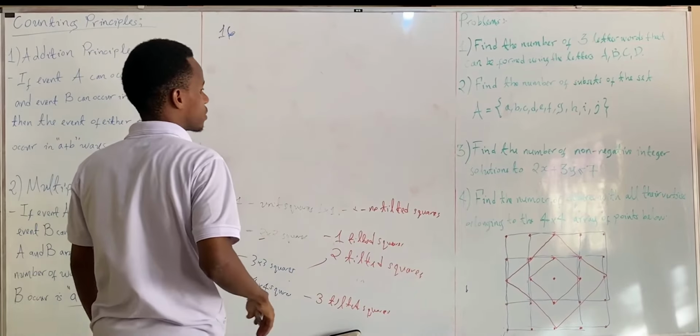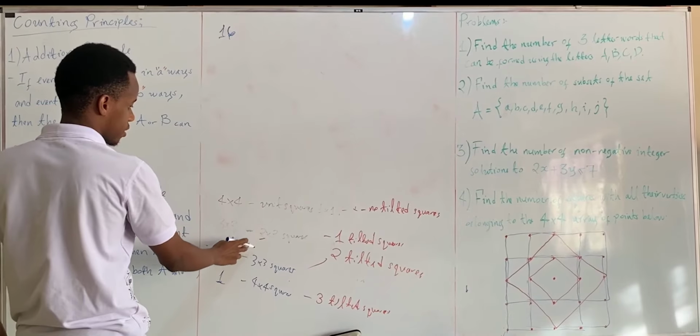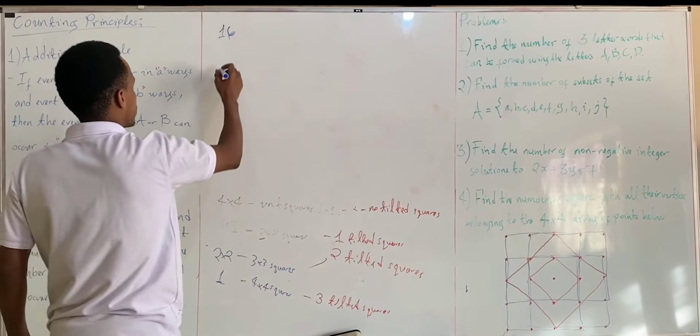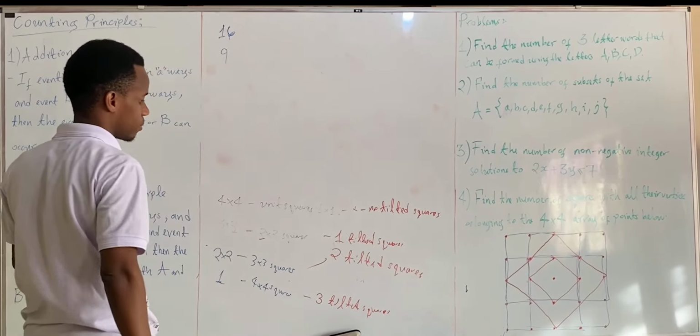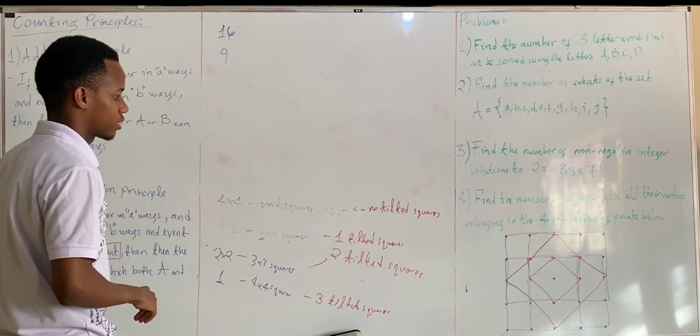And these squares do not contain tilted squares within the interior. And for 2 by 2 squares, we have seen that there are 9 of them, and each of them contains 1 tilted square.